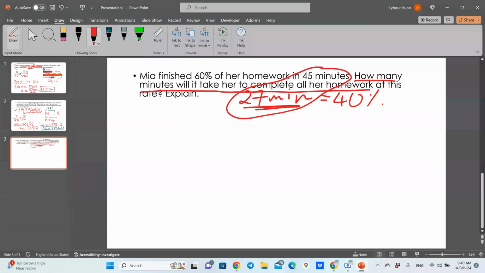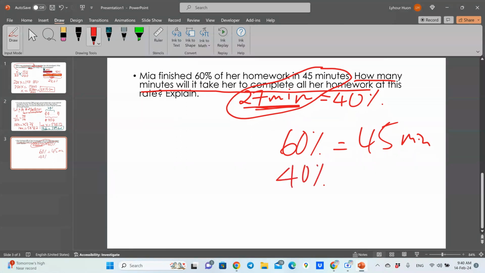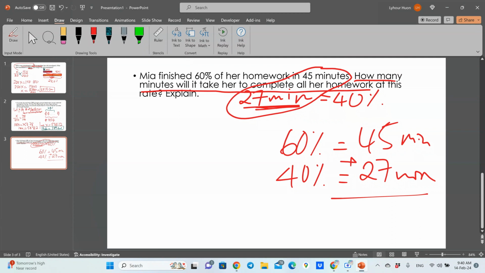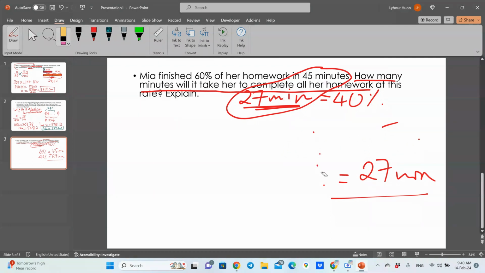For example, the first 60% already took 45 minutes, then the other percent takes another 27. So you have to add them together as well. Overall, it's 72 minutes.